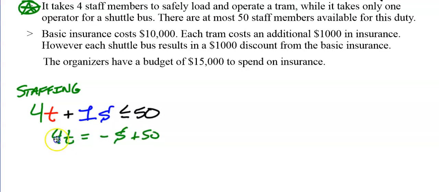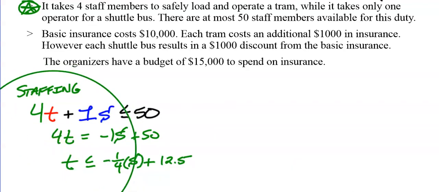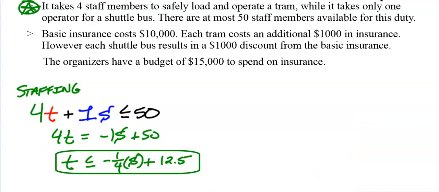Then we divide the 4 out, and we get T has to be less than or equal to negative 1 over 4 times the number of shuttle buses plus 50 over 4, which is 12.5. So now we have that equation for staffing.